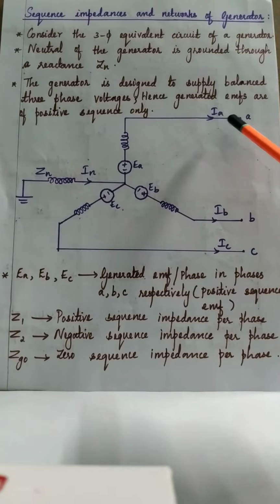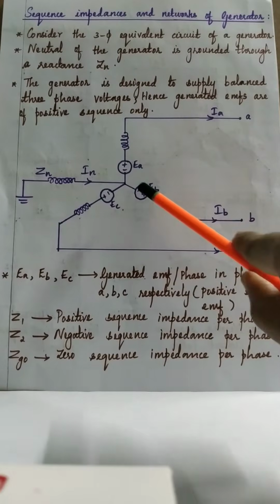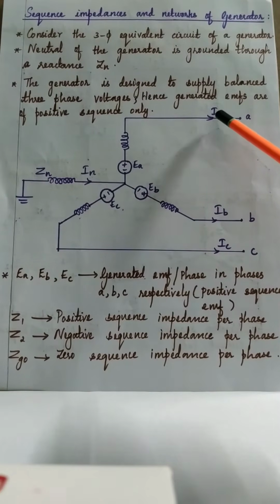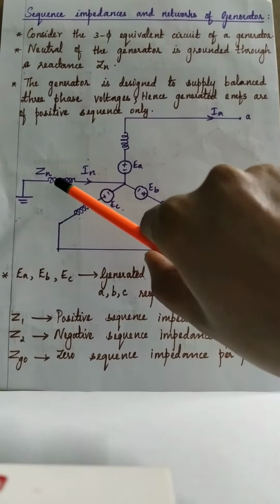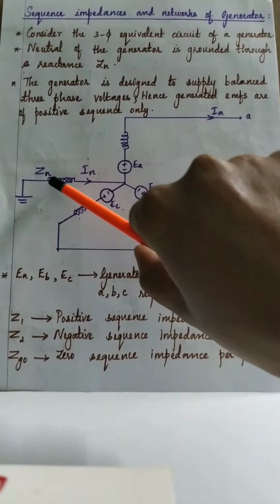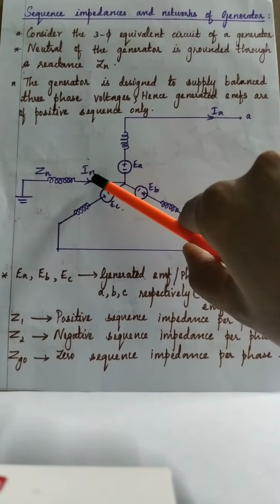The three phases are A, B and C. The EMFs induced in the three phases are EA, EB and EC respectively. The currents in the three phases are IA, IB, IC respectively. The neutral wire is grounded through a neutral impedance ZN, and the neutral current IN flows through the neutral wire.